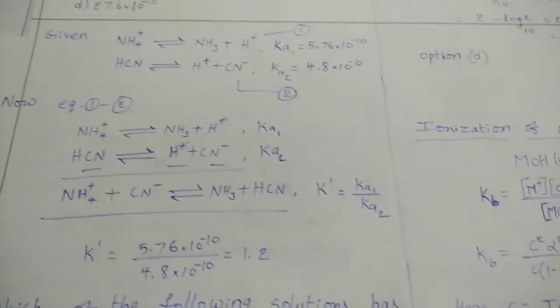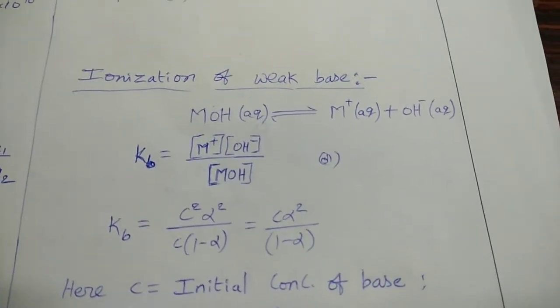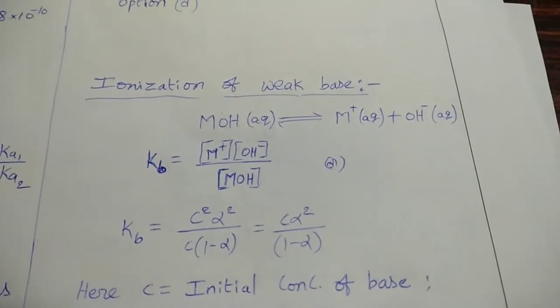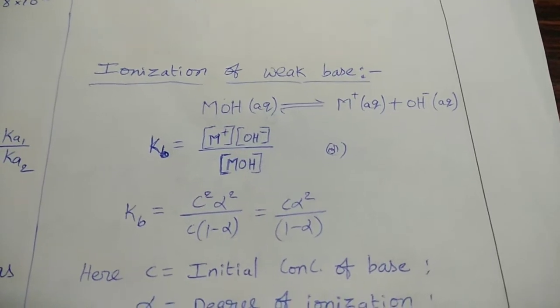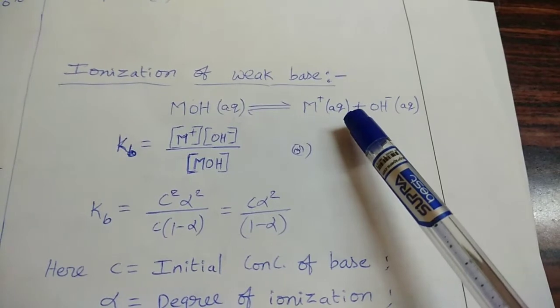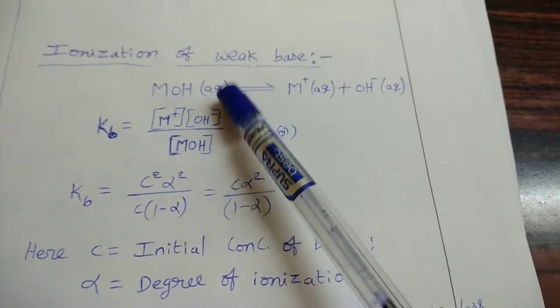Okay, next, see the next topic, ionization of weak base. In previous classes we completed weak acid, now weak base. General formula for a weak base, MOH equal to M plus plus OH minus, Kb equal to the product of concentrations of these ions divided by the concentration of the reactant.